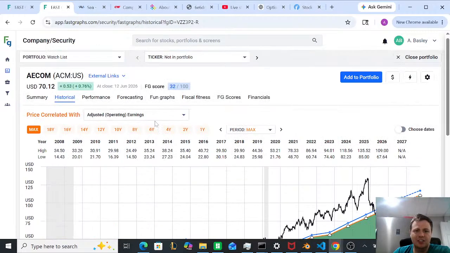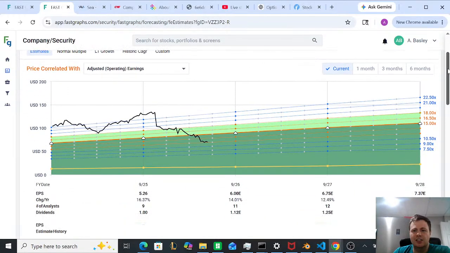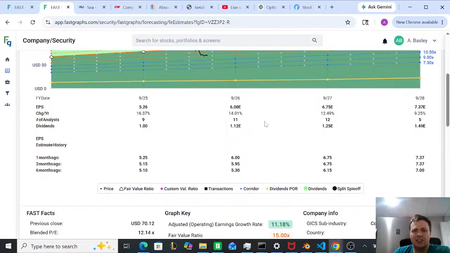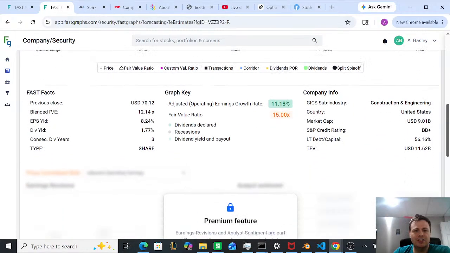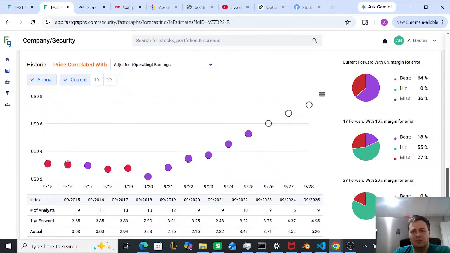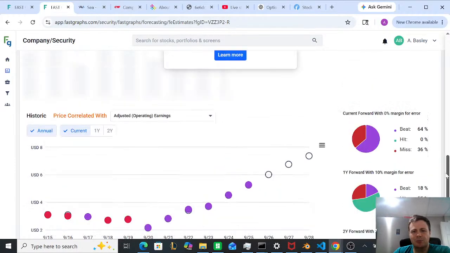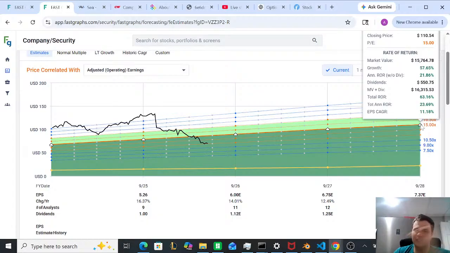So I'll check out forecasting. Okay, we got modest growth coming. It's got a dividend yield almost 2%, and their analysts are okay at predicting what they do, and ACM's pretty good at beating it. So we can look at this and think, this is a decent stock.